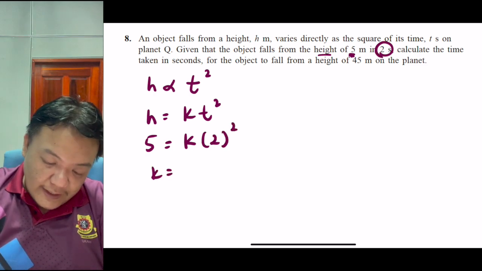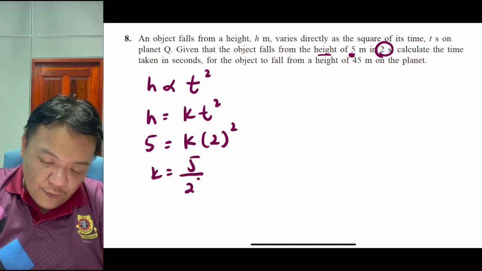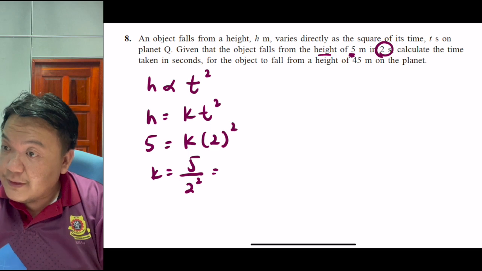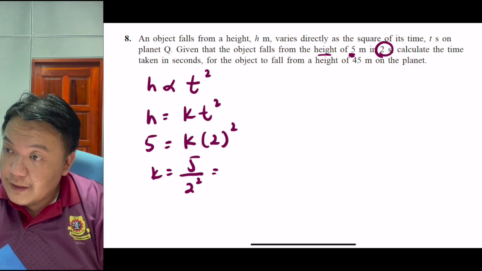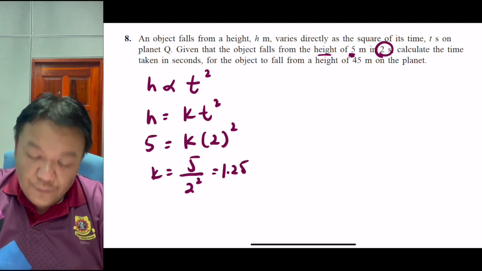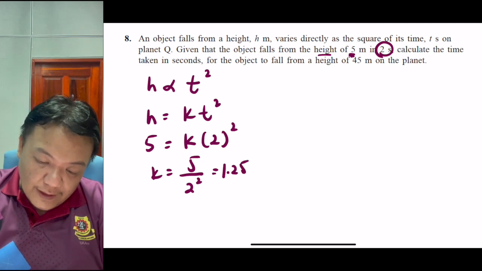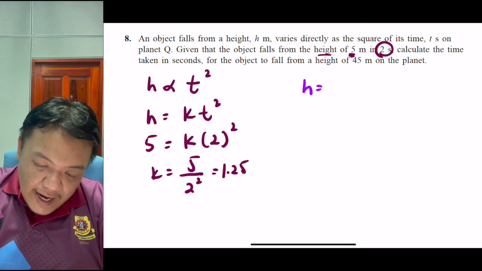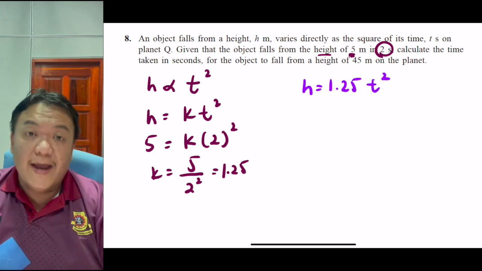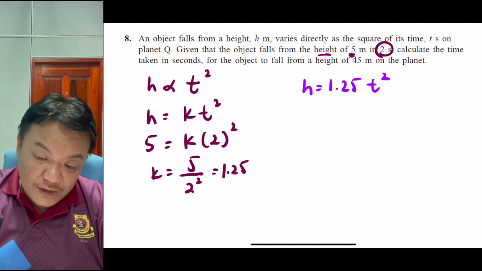Okay, so k is equals to 5 over 2 square. So press your calculator. So k is equals to 1.25. Okay, then you will have the equation of h is equals to 1.25t square. Okay, and then you can answer the question.